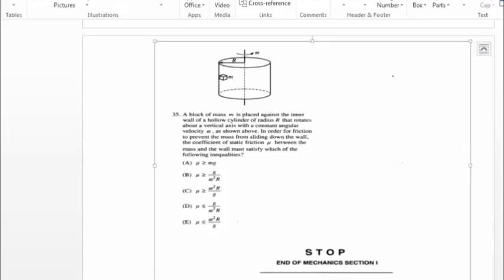Now basically the mass m is stuck to the inner wall of the hollow cylinder because of the velocity with which it is rotating. That is, if it is rotating with velocity v, then mv square by r is the force. So that will be the normal force acting on the mass m.